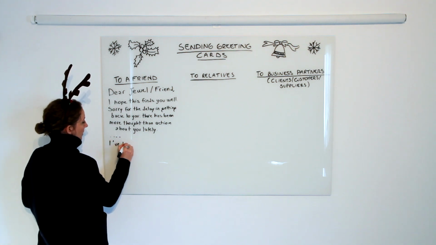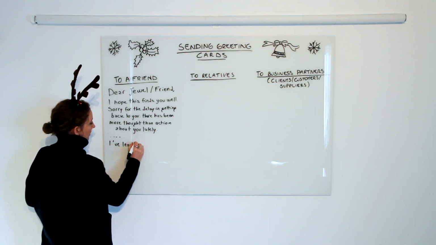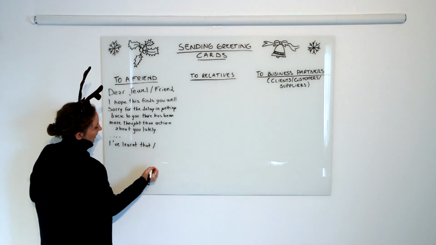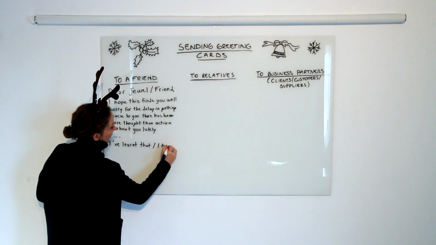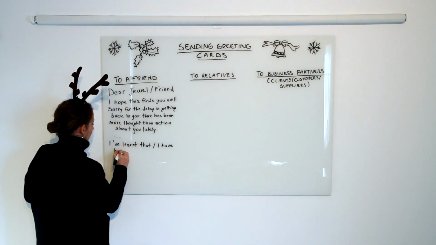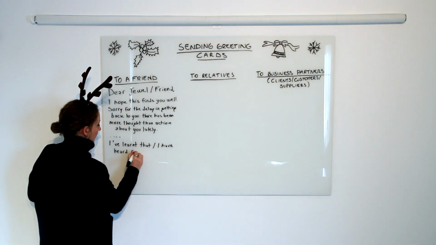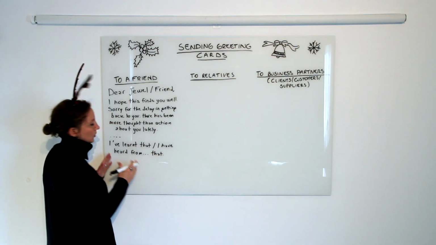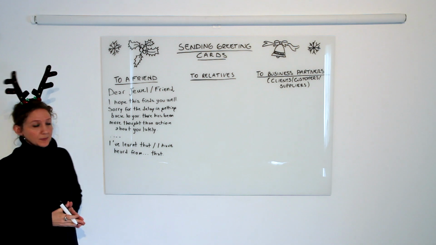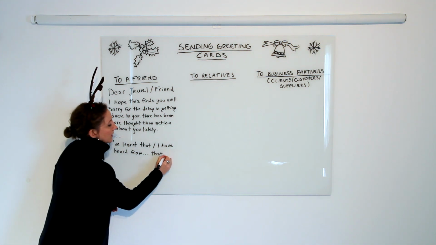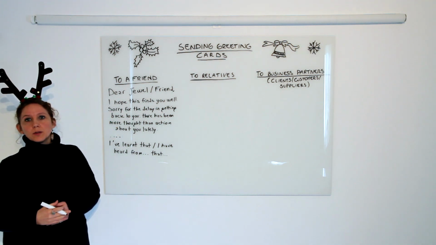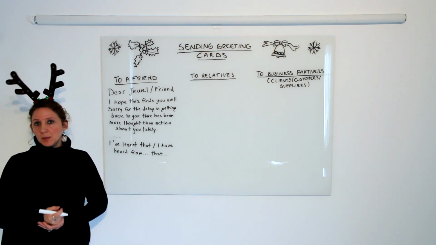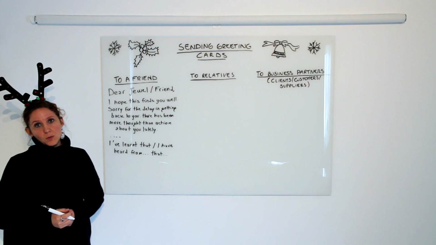"I've learned that," or "I have heard from blah blah that..." If you also wanted to acknowledge your source here, for example, that your daughter is getting married, congrats on this, blah blah blah, and you can go on the way you want.